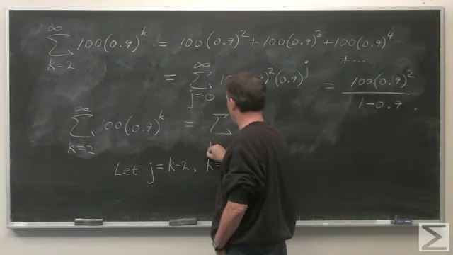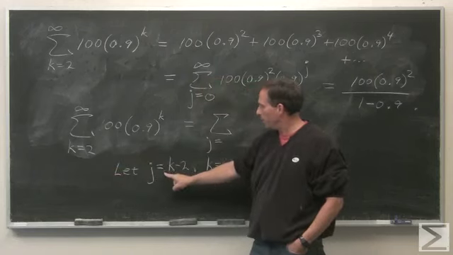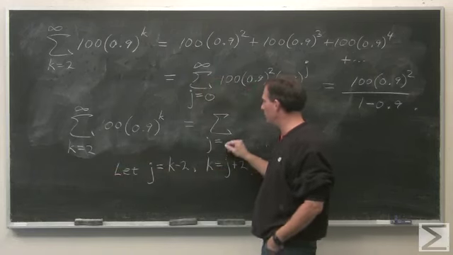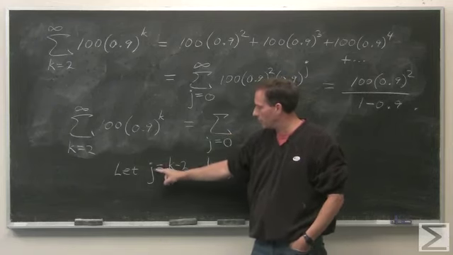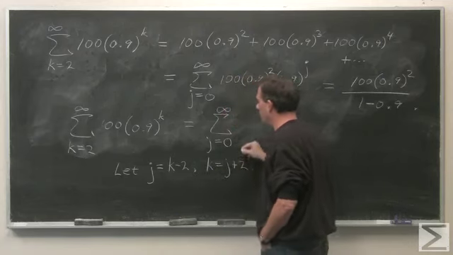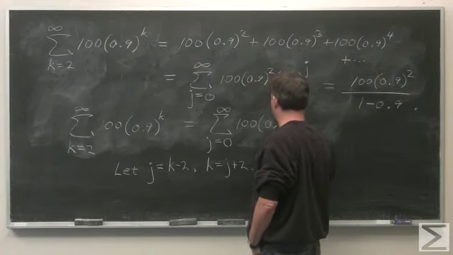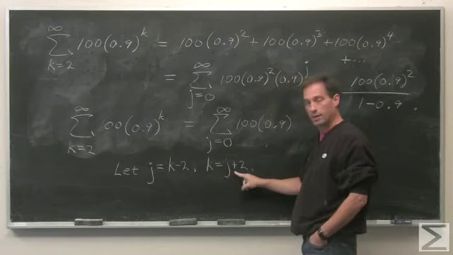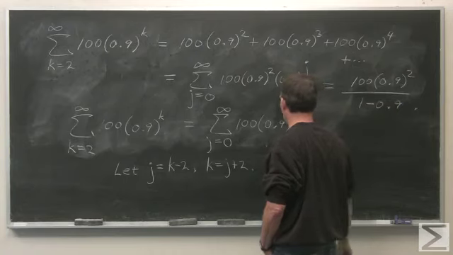Well, what do you get? Well, k started at 2. That means j starts at 2 minus 2. j starts at 0. k goes to infinity, so j goes to infinity minus 2. That's still infinity. You get 100, and you get 0.9 to the k, but in terms of j, k is j plus 2. So you write this.